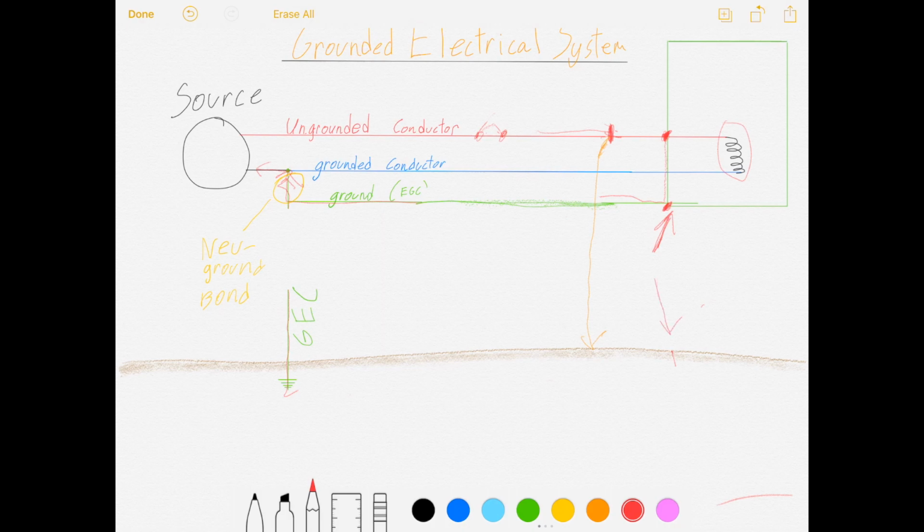And so again, if you touch this enclosure, then the current is going to go from this wire through the ground, through the earth, and then through your body and back to this equipment grounding conductor and back to the source. And again, you have the same problem that we had when we left off the equipment grounding conductor.